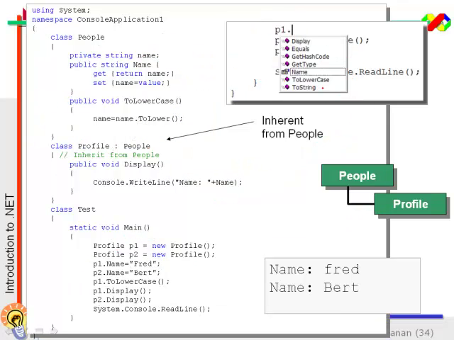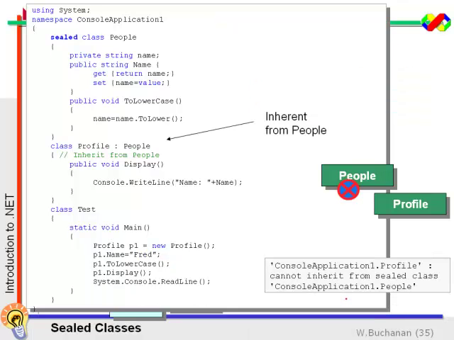So we've seen in the previous example that we can use inheritance for the marshalling process. This shows another example. We've created two objects, P1 and P2, and we've given them different names, and we can display them. An example in this case is that we can have what's called a sealed class.